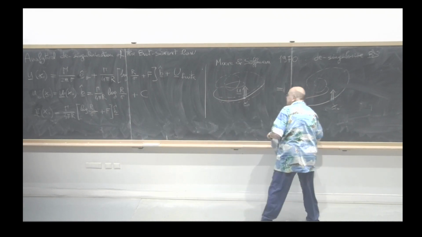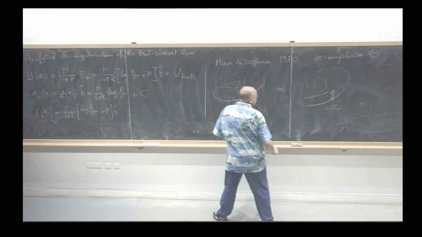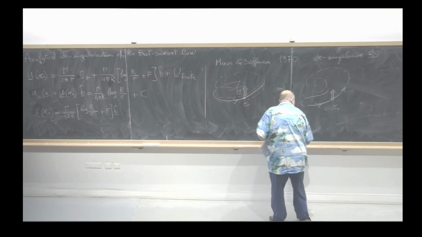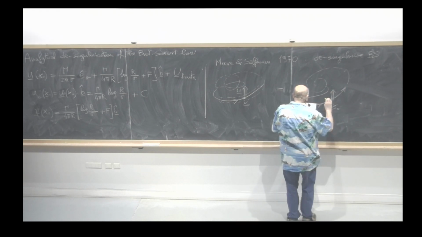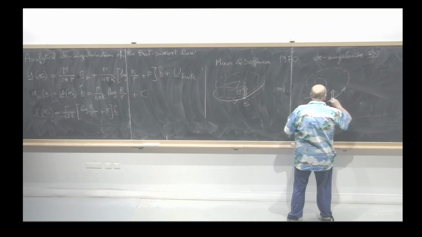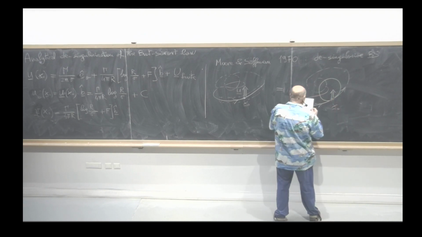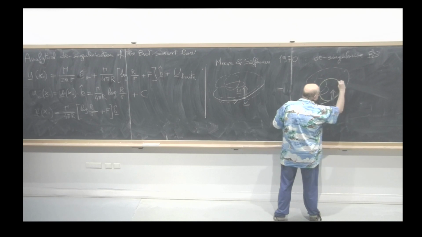So imagine that the vorticity goes like this, and I just subtract from this the oscillating vortex ring. So it would go like this and like this.